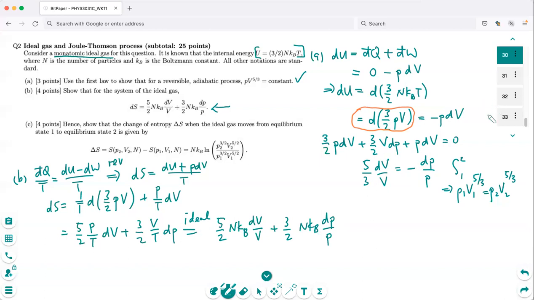All right, so what is the next one? The next one is to show that the change of entropy is this. So the next one, let me erase this.